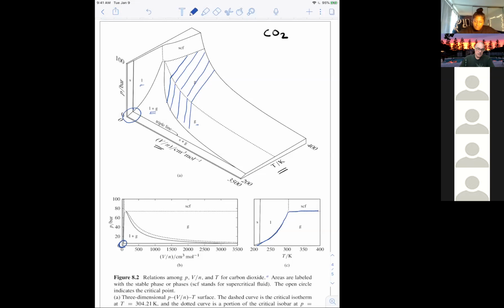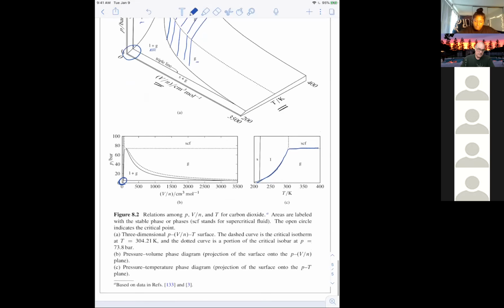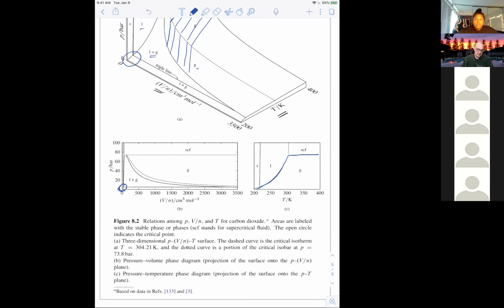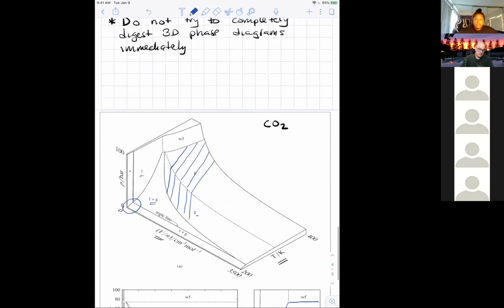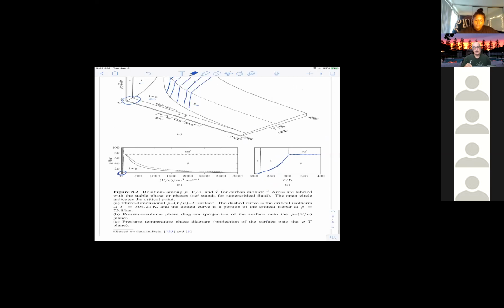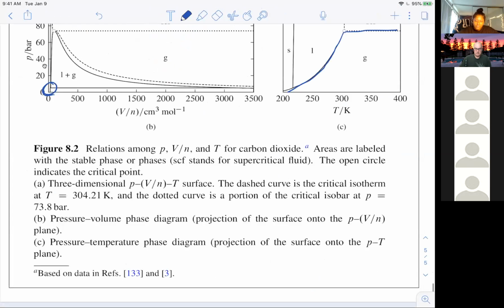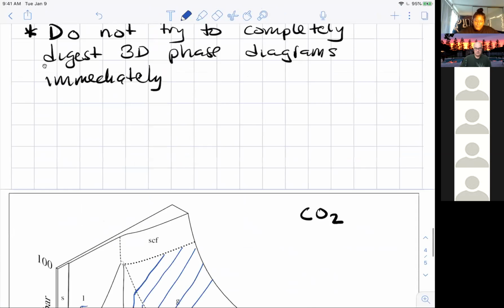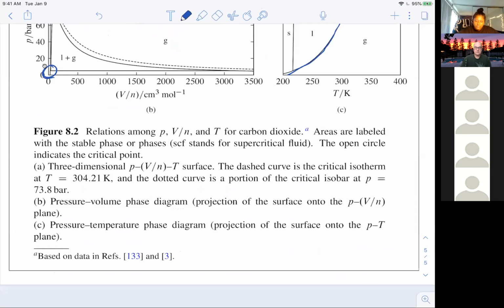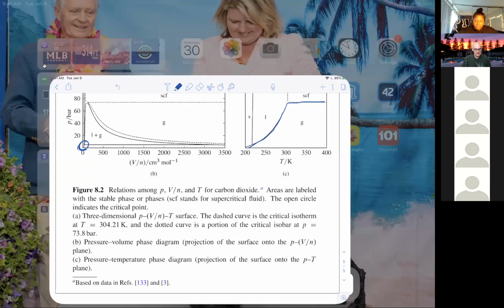Now, there's also another representation of this same diagram. Let me add this other diagram down. Why is this not letting me? I might have to make a new note. This is weird.